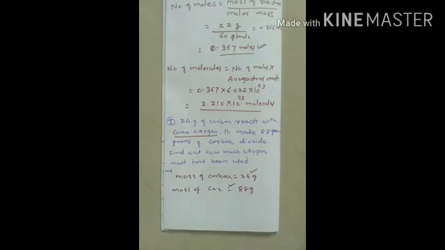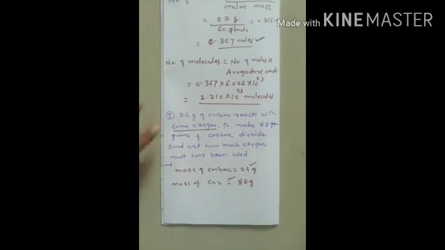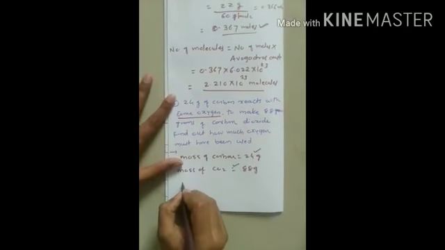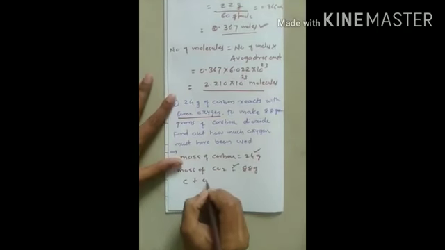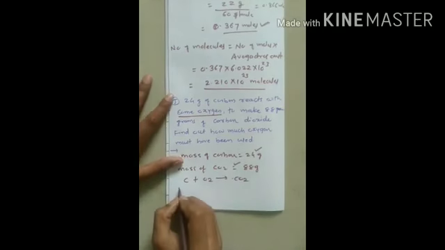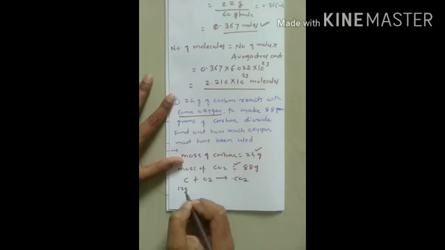So as we all know the basic reaction, 12 gram of carbon combines with 32 gram of oxygen to get 44 gram of carbon dioxide. The basic reaction I am writing here: when carbon is added with oxygen, we will get CO2. Okay, so here 12 gram of carbon will be there.